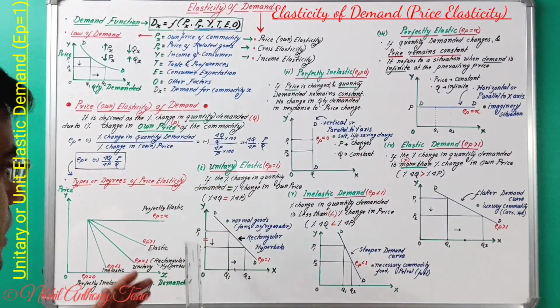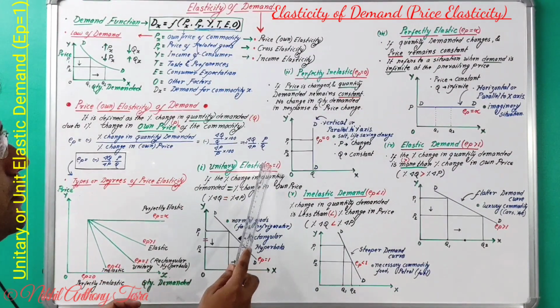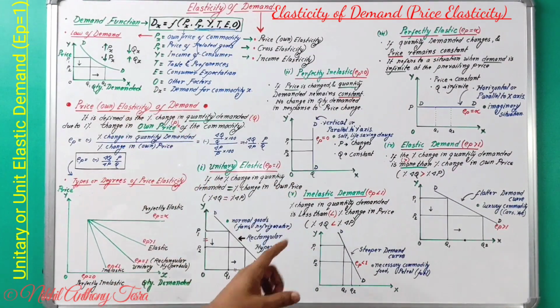Okay friends, now this DD demand curve, EP equals 1, the unit elastic, is also known as rectangular hyperbola. Why?